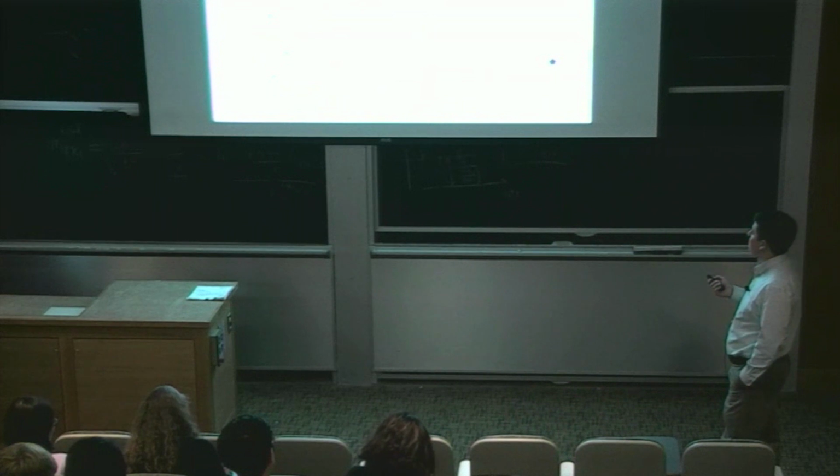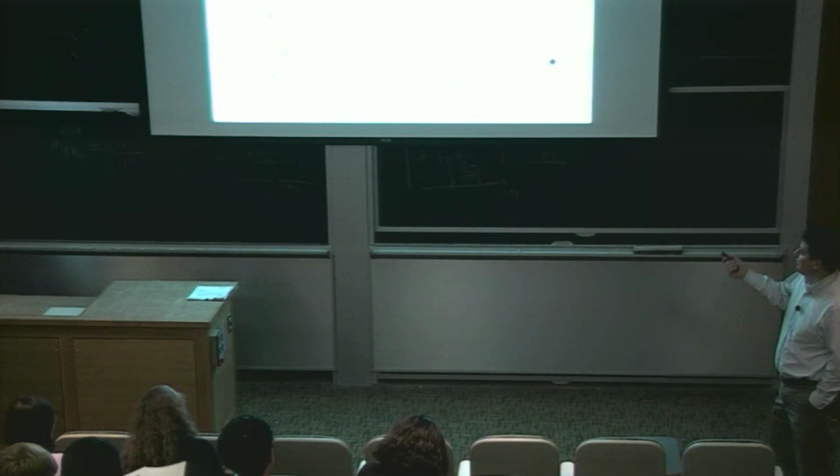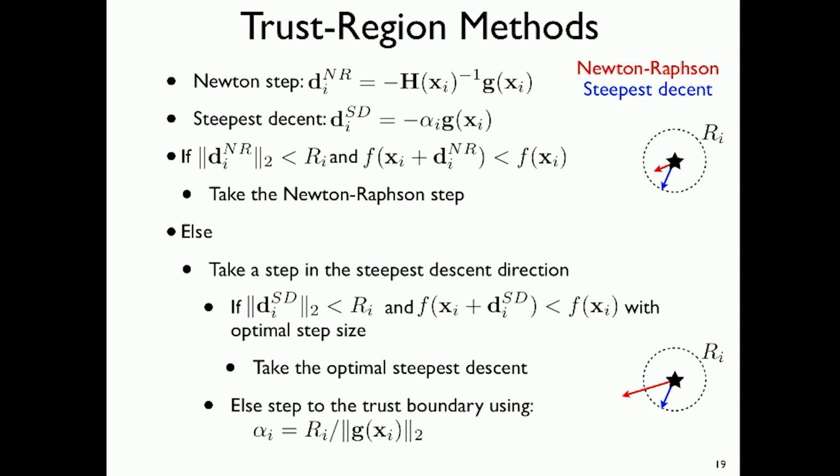So here's our Newton-Raphson step. It's minus the Hessian inverse times the gradient. Here's our steepest descent step. It's minus alpha times the gradient. And if the Newton-Raphson step is smaller than the trust region radius, and the value of the objective function at xi plus the Newton-Raphson step is smaller than the current objective function, it seems like the quadratic approximation is a good one.